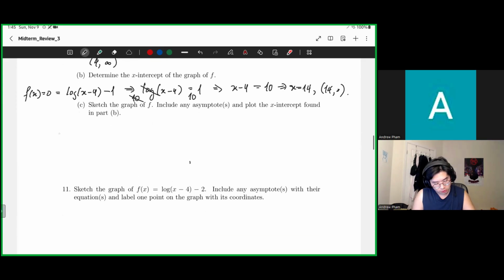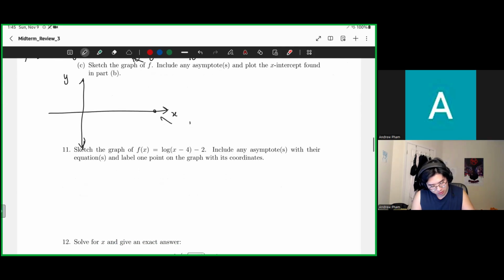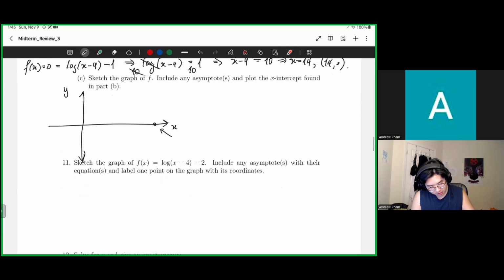Okay. So a sketch of the graph can look like this. Like so. So this is your x and this is your y. This is where you graph more qualitatively, right? I'm asking you to graph now. So you label your x-intercept that you found. So this is (14, 0).